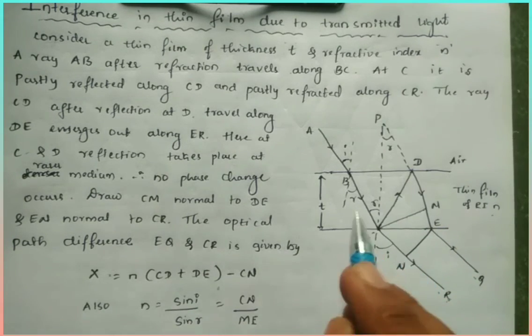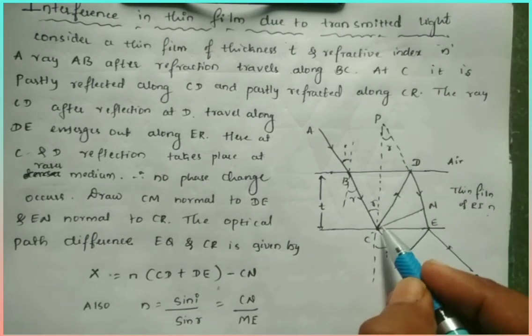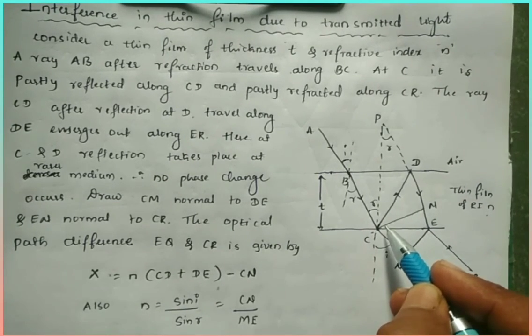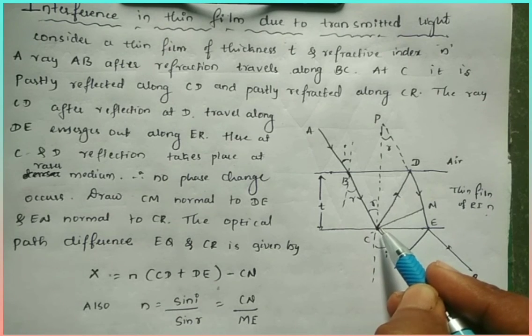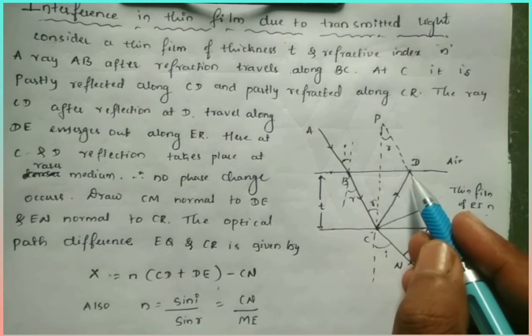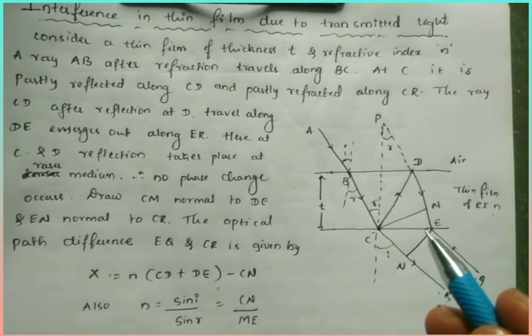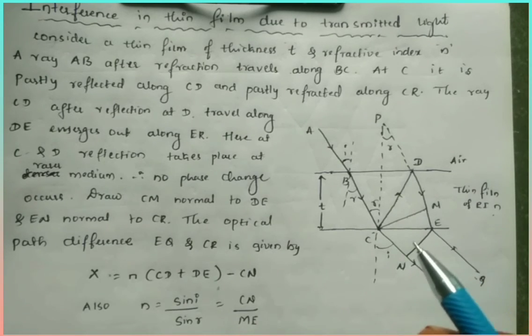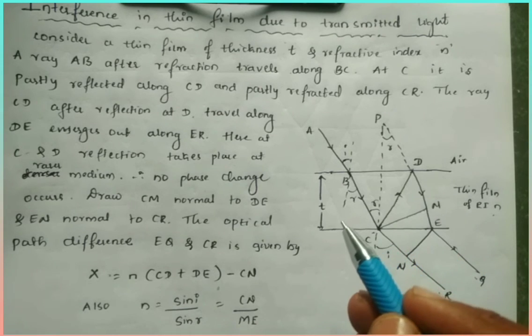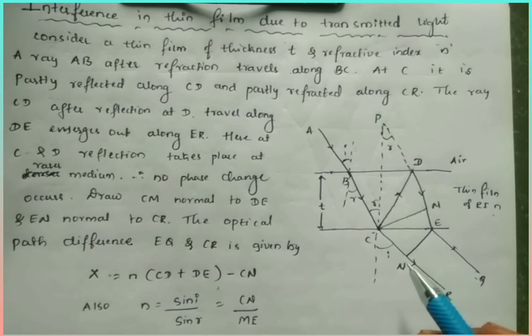At that time there is no phase difference in the light. When the rays are reflected from the denser medium, there is a phase difference of pi, which we considered in the interference in thin film due to reflected light. Here, for transmitted light, there is no phase difference.